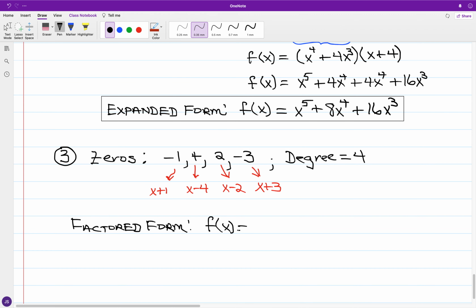Okay, so as a factored form, we have for f of x, x plus 1 times x minus 4 times the quantity x minus 2, and times the quantity x plus 3.